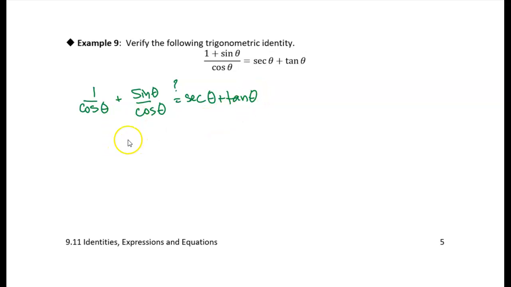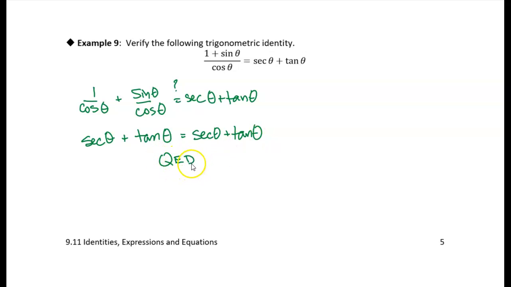Well, it's kind of clear now, if you know your reciprocal identities and quotient identities: 1 over cosine is secant of theta, and sine over cosine is tangent of theta, and that is equal to secant of theta plus tangent of theta. Okay, so that's it. I'm done.